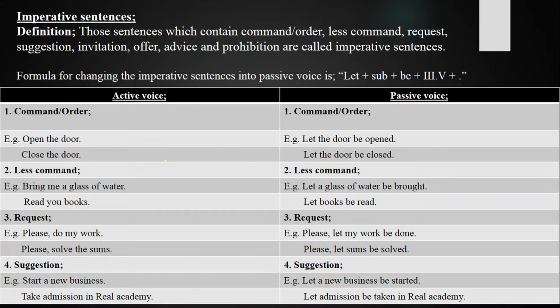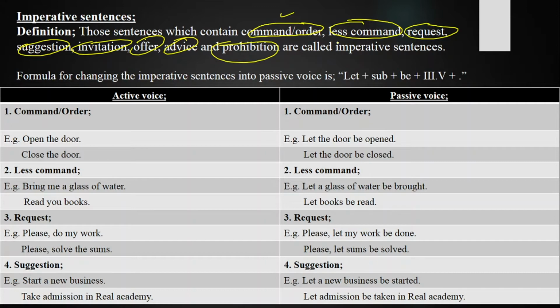What are imperative sentences? Let's discuss the definition. Those sentences which contain a command or order, or a lesser command, a request, suggestion, invitation, offer, advice, or prohibition, are called imperative sentences.